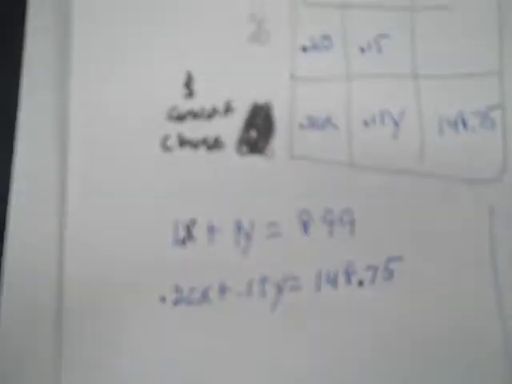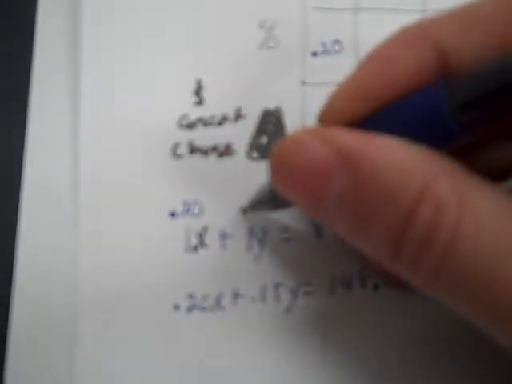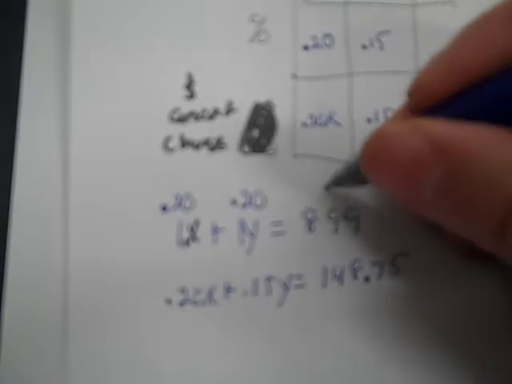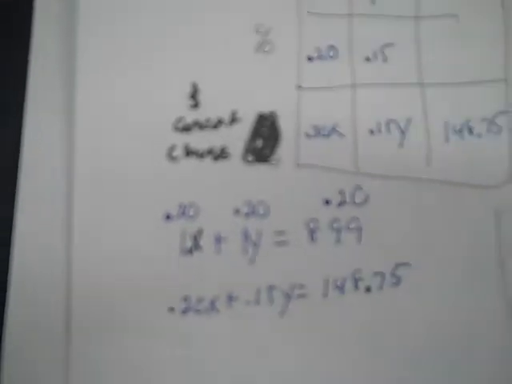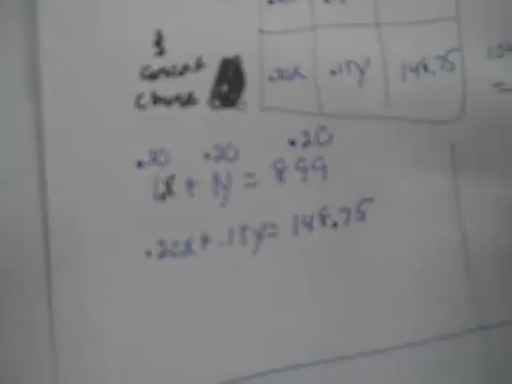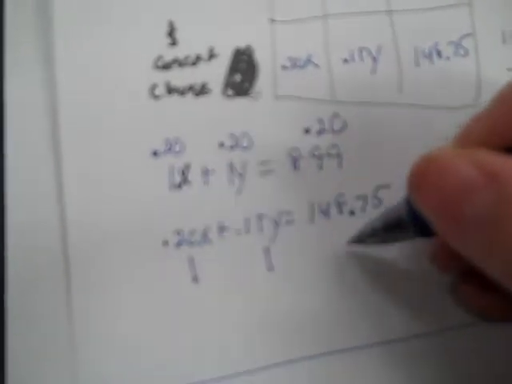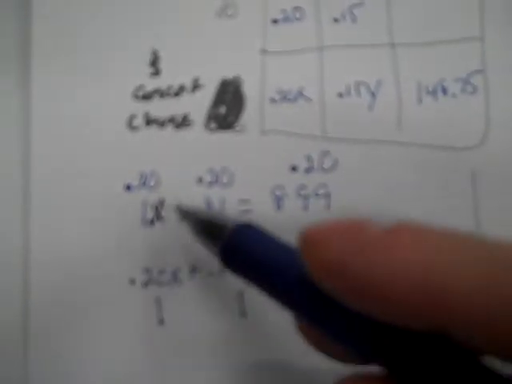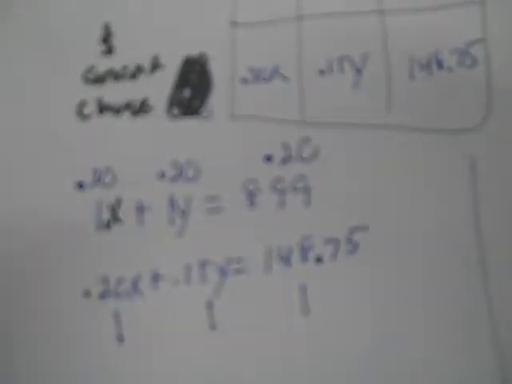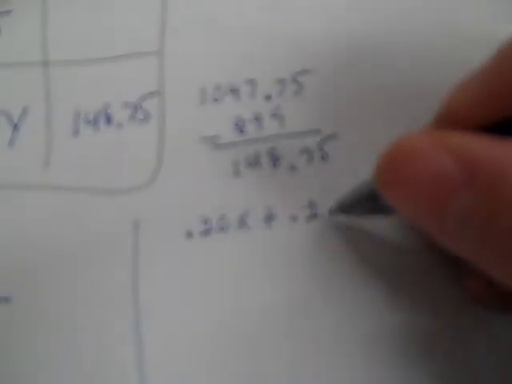You have no common absolute value, so I multiply by 0.20, 0.20, not just 20. 1, 1, 1. 0.20 times 1 is 0.20x. 0.20 times 1y is 0.20y.